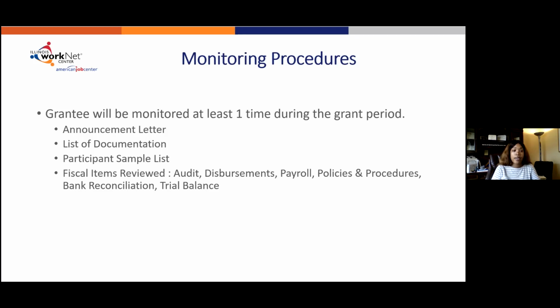We do look at bank reconciliation, and that allows us, as I talked about earlier, to note that cash on hand. So giving us that visual view of cash that was requested, the disbursements that went out, and identify the daily cash on hand.